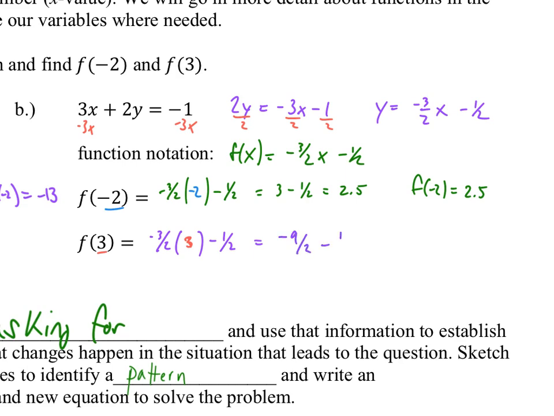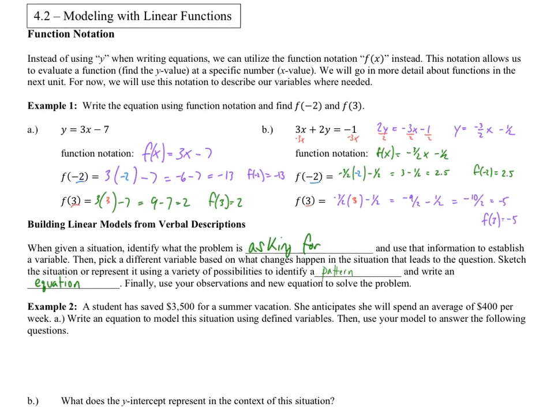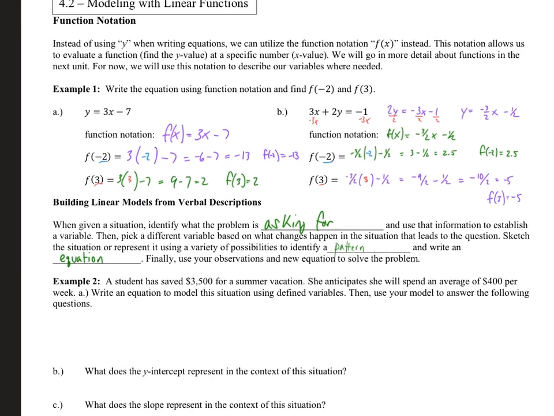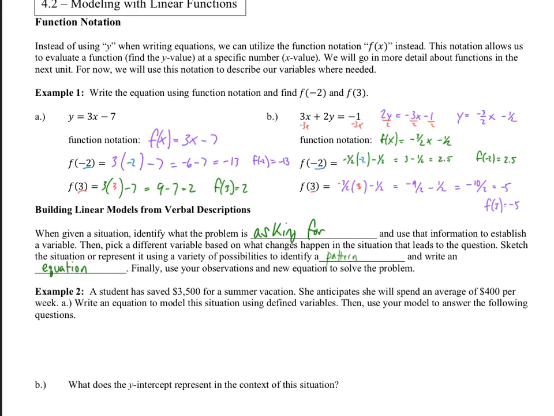Negative 9 halves minus 1 half would be negative 10 halves, which of course is negative 5. So f of 3 is negative 5. So that's using function notation. I guess tons of experience with that.